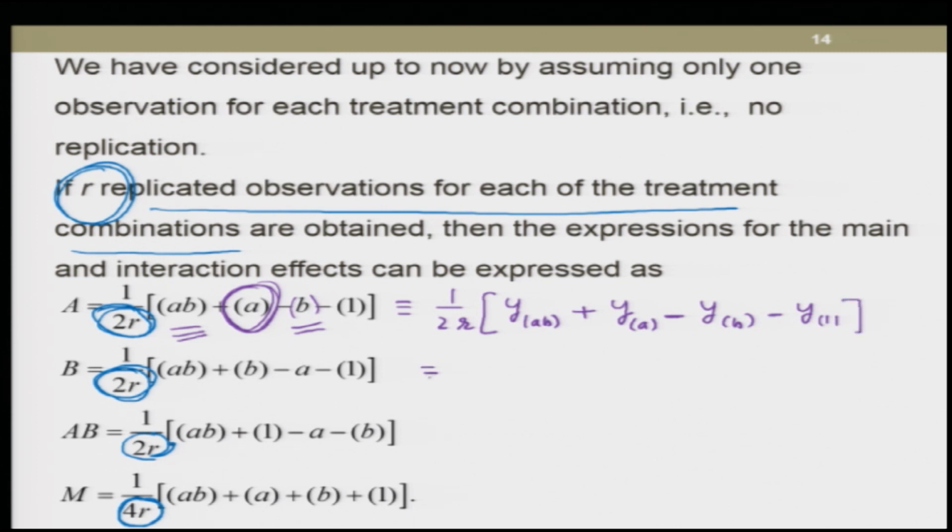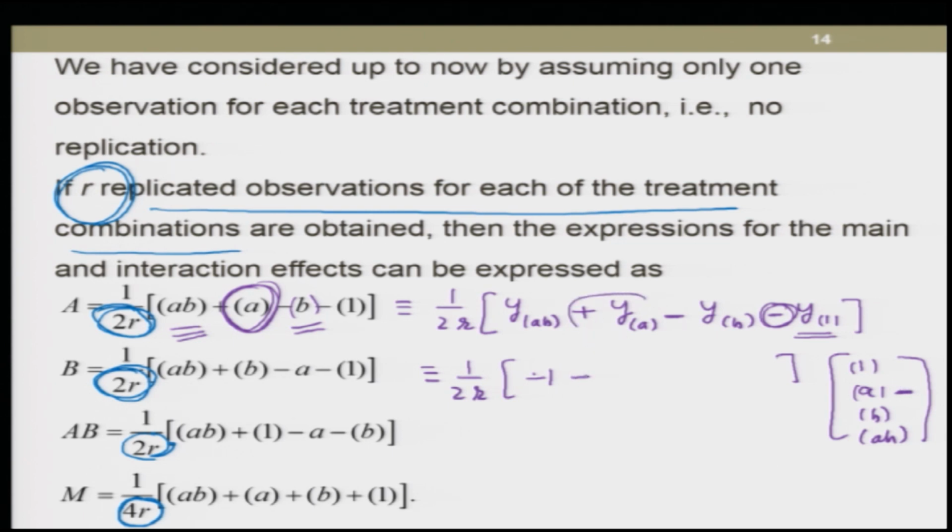In some sense, if I write it in a simpler way with 1, A, B and AB, I can rearrange this term: Y1 has a coefficient of -1, A has +1, B has -1, and AB has +1.